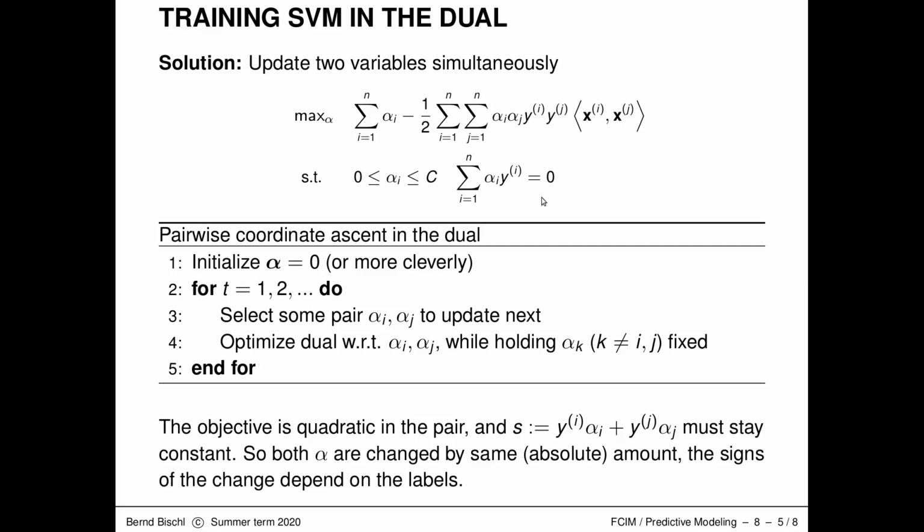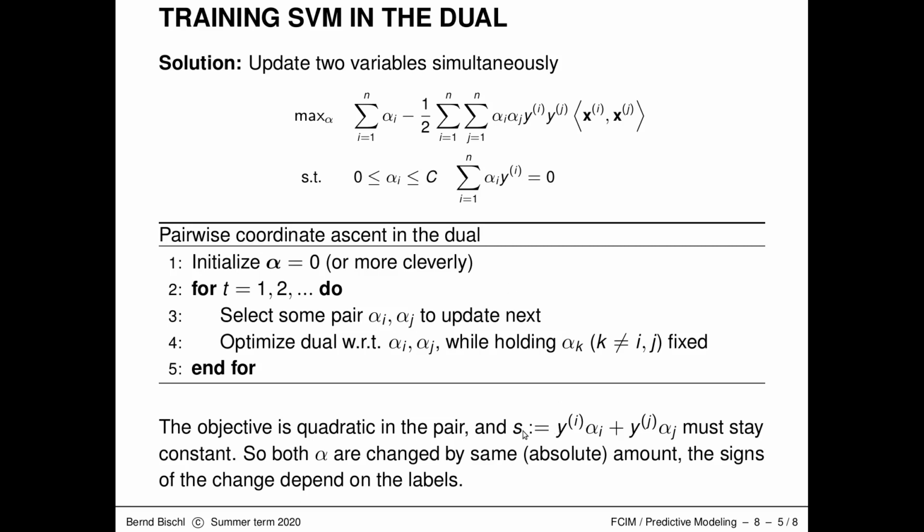The other thing we still have to consider, and this is always the most annoying thing in the optimization of the SVM dual, is this linear constraint here. We cannot arbitrarily change our variables, because then again we are going to violate this, assuming we are currently in a feasible point. But we can now see what we have to do with our alpha pair.